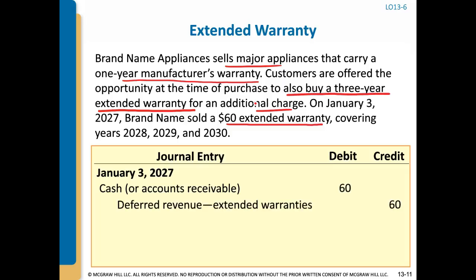So on January 3rd, for the appliances, we are going to debit cash or accounts receivable and credit sales revenue. In a separate journal entry for the extended warranty, at the time of sale of the products on January 3rd, 2027, we would debit cash or accounts receivable for the $60 and credit deferred revenue, extended warranty.